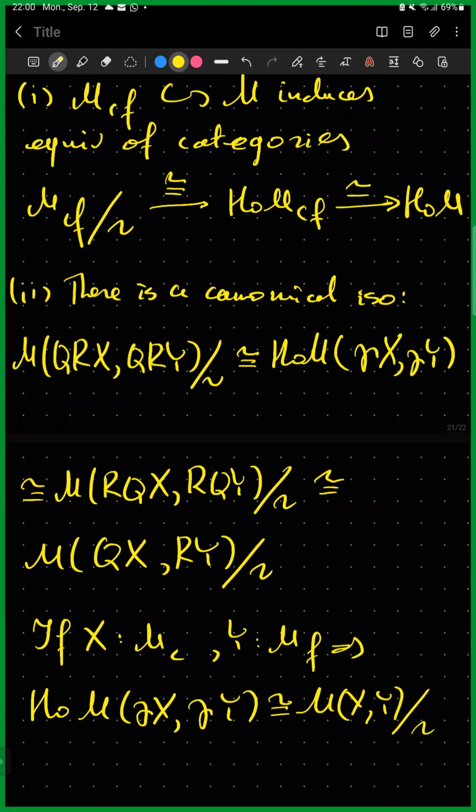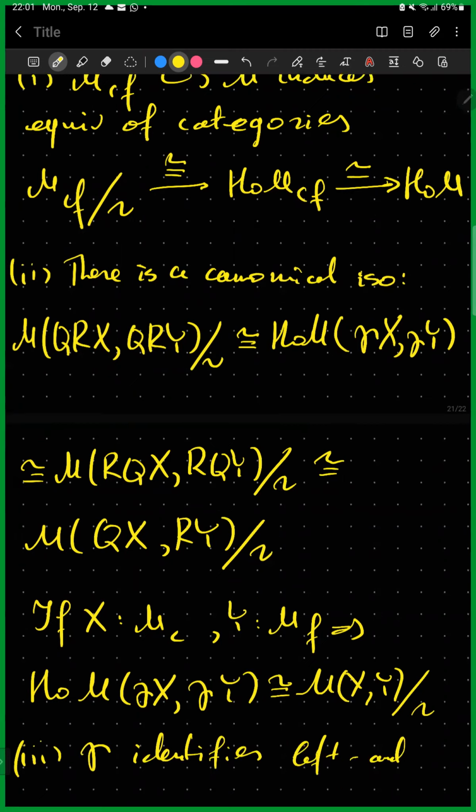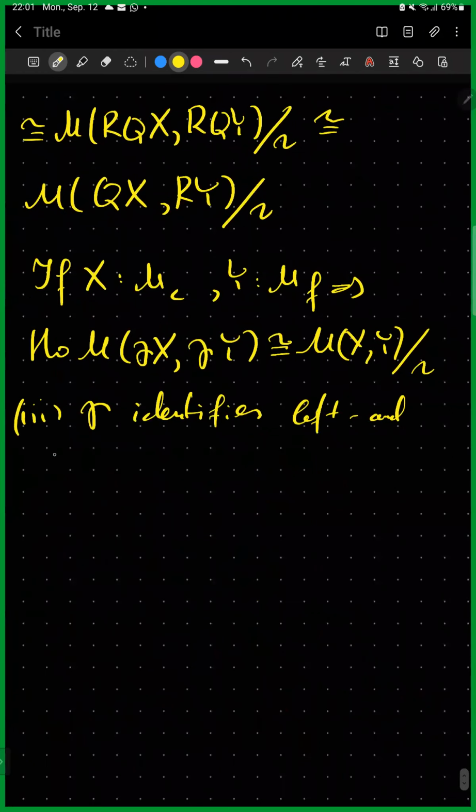Finally, the localization functor identifies left and right homotopic maps.